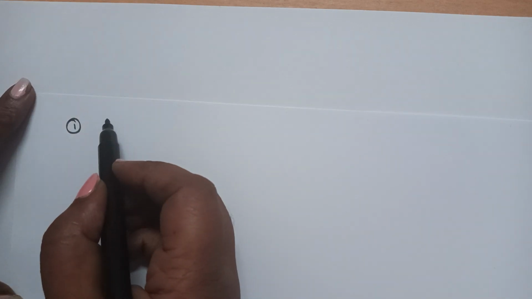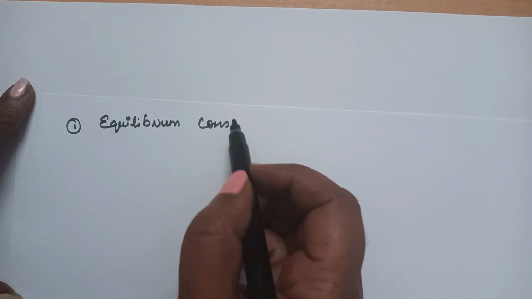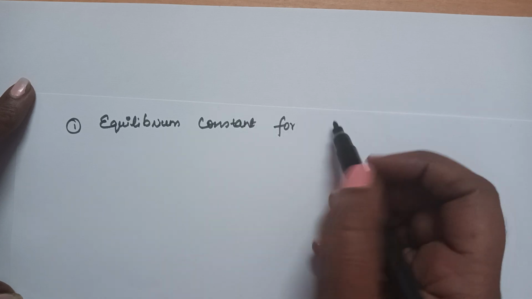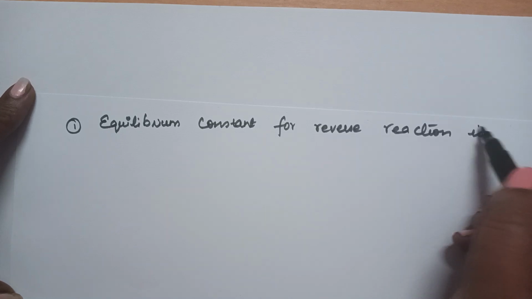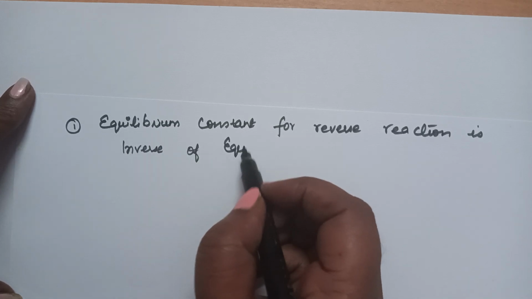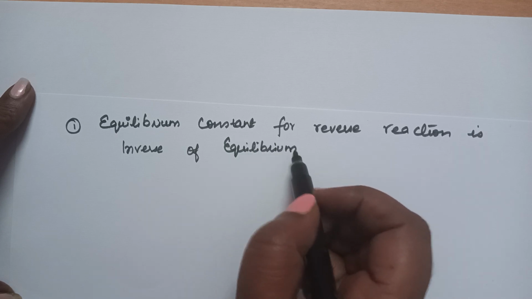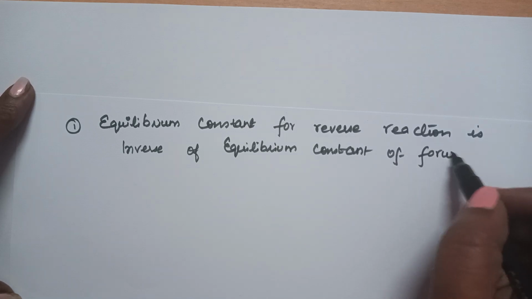The first important concept is: the equilibrium constant for the reverse reaction is the inverse of the equilibrium constant of the forward reaction.